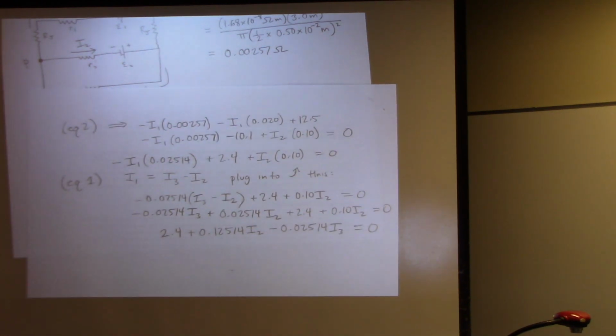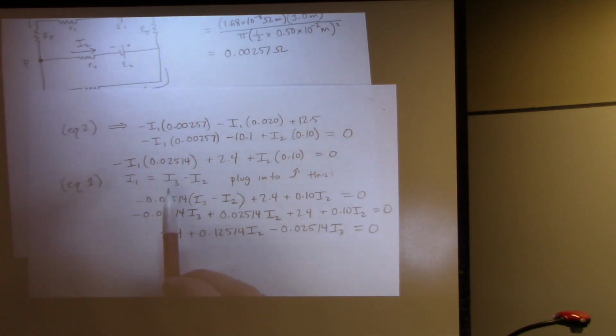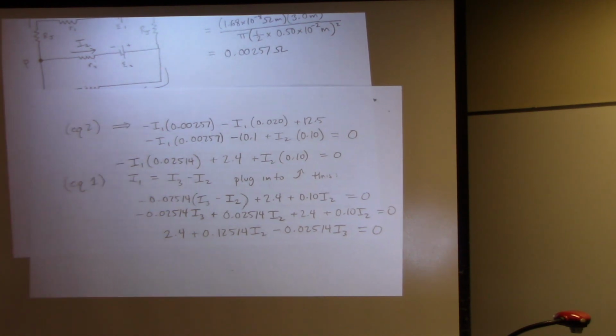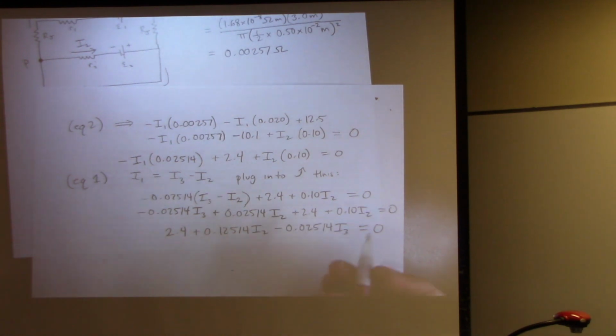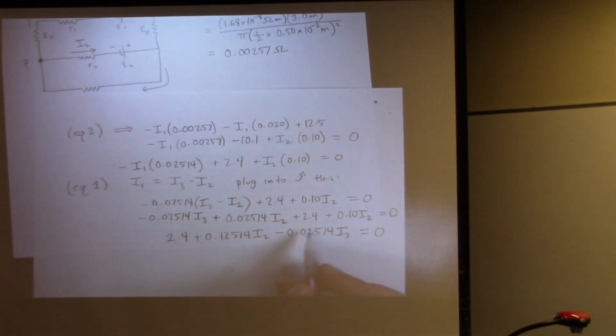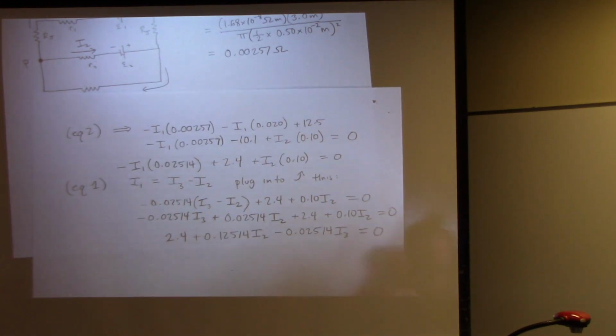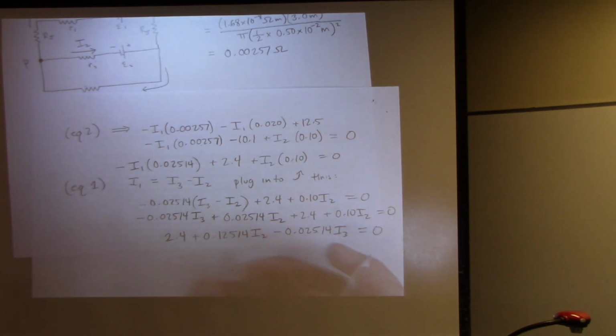All right. So we've already subbed out I1. The next thing we're going to do is sub out I2 because the current that we actually care about is I3. That's what we want to find. So let's take this negative term, add it to both sides. Let's take 2.4, subtract it from both sides.